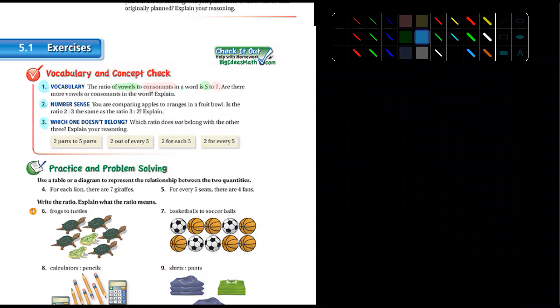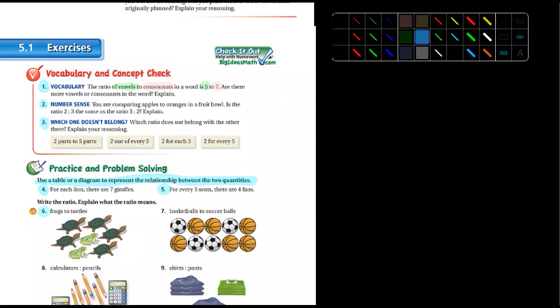Number 3 you can do, which one doesn't belong. Number 4, it says use a table or diagram to represent the relationship between the two quantities. So you can do little squares if you want, or rectangles. So you could do number 4. You could do 5, 6.